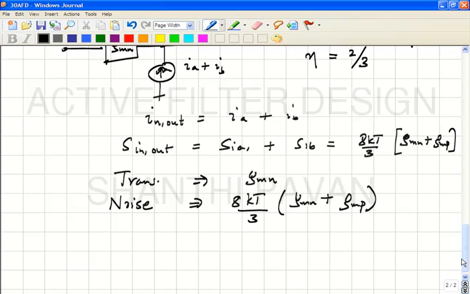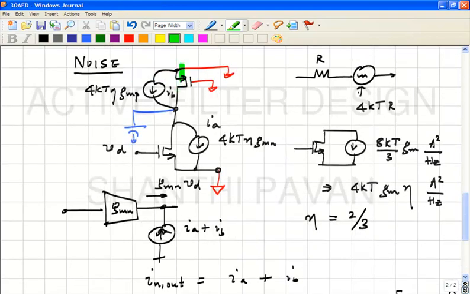Now, why does this make intuitive sense? Please note, what I wish to point out was that the noise spectral density is not proportional to GMN alone. There is an additional term GMP. Why does that intuitively make sense? This PMOS transistor is injecting noise just like the NMOS.